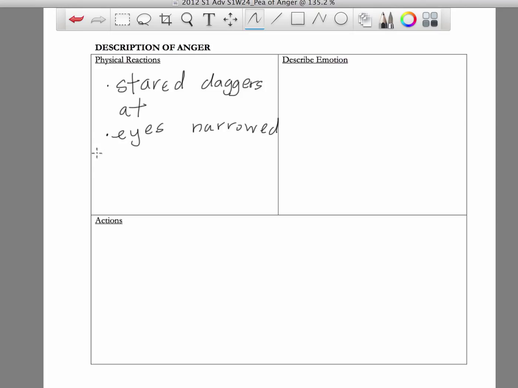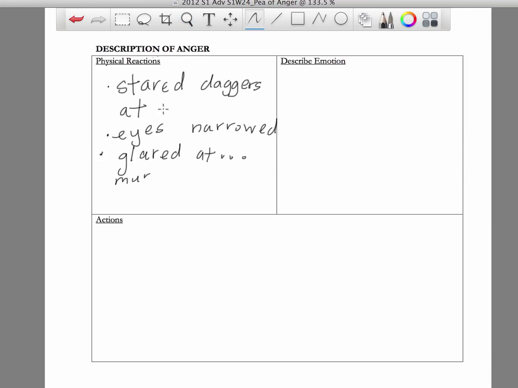You can also say that she glared at Sam murderously. Okay. Or she scowled at Sam.